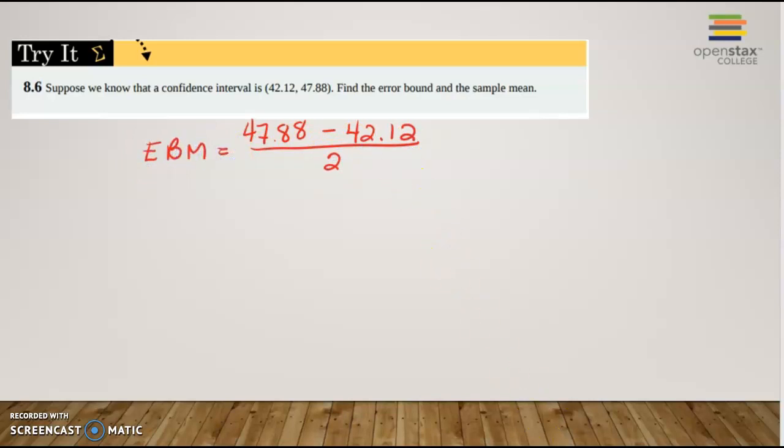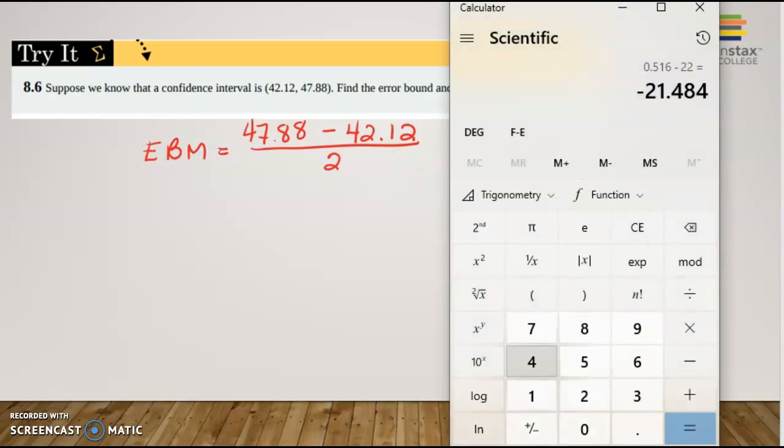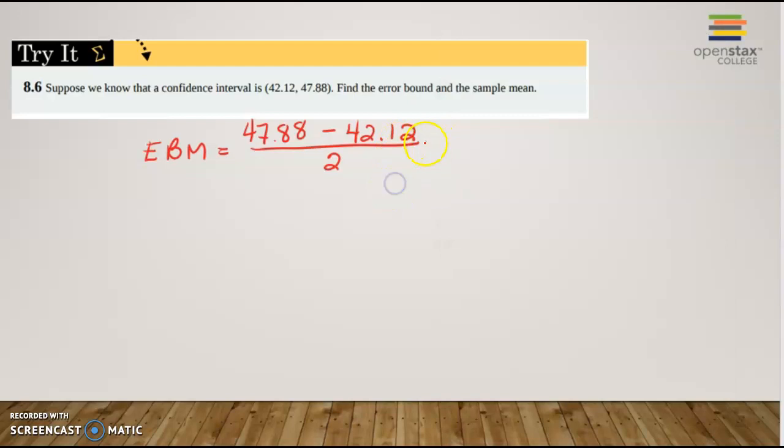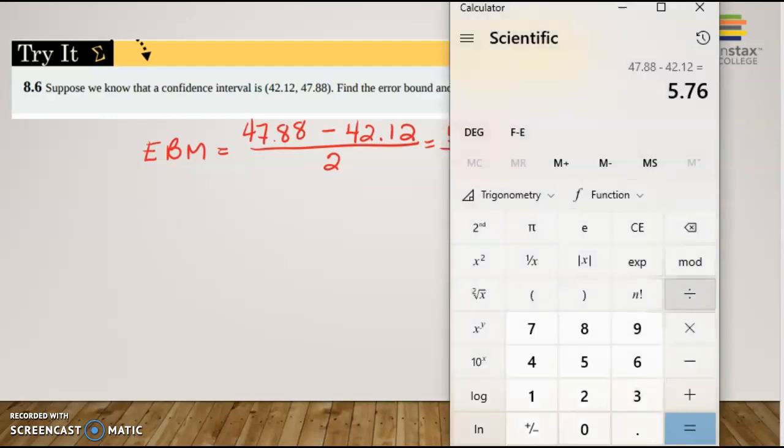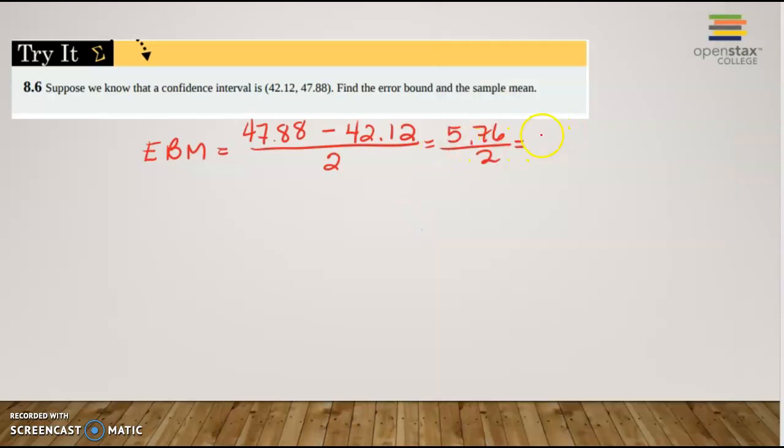So, 47.88 minus 42.12 is 5.76, divided by 2 equals 2.88.